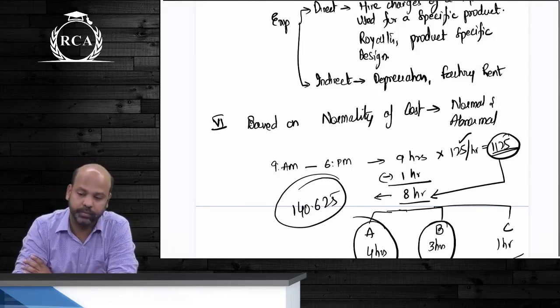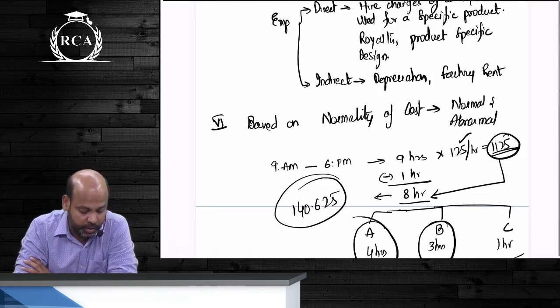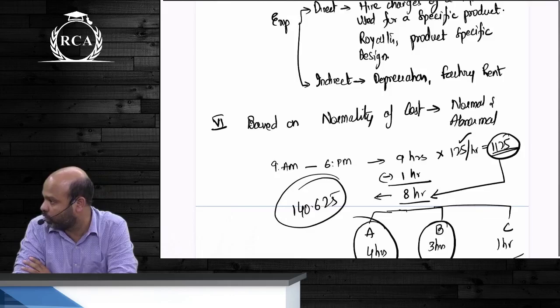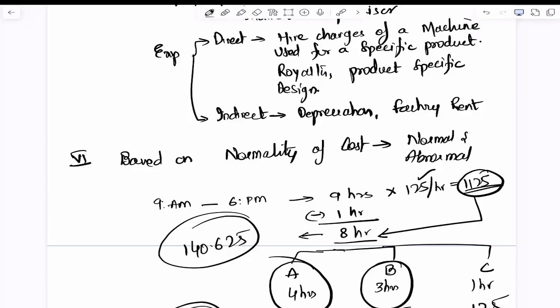Any expenditure incurred over and above the normal cost will be termed as abnormal.